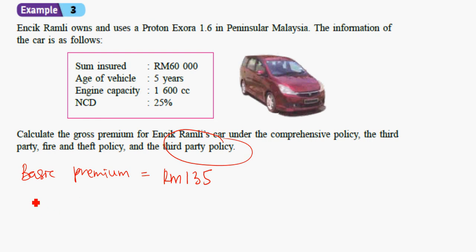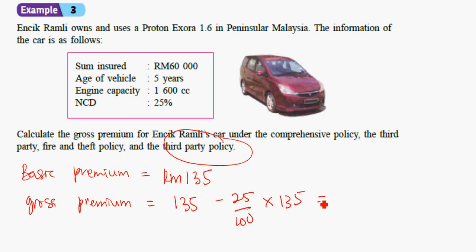And don't forget to calculate the gross premium, which equals 135 ringgit minus 25% of the basic premium. So 25% times 135 is 33 ringgit 75 cents. So 135 minus 33.75 equals 101 ringgit 25 cents.